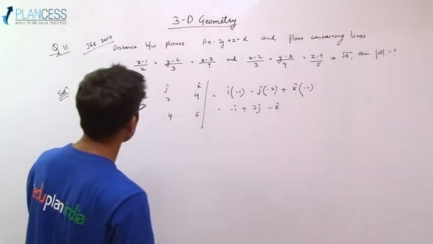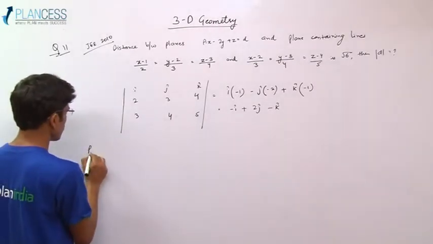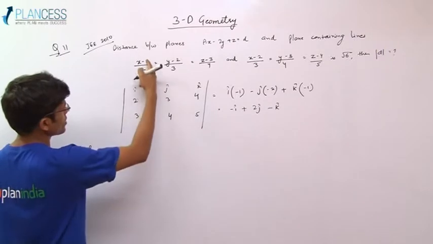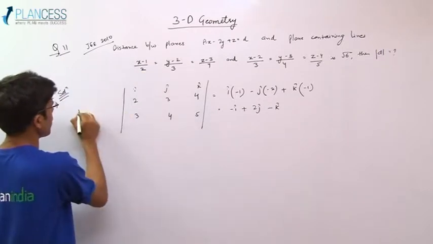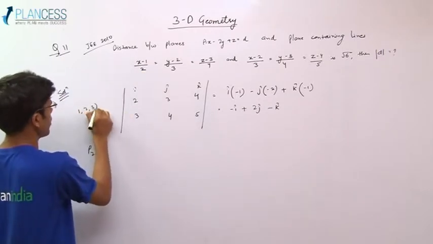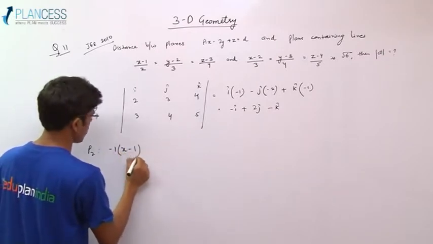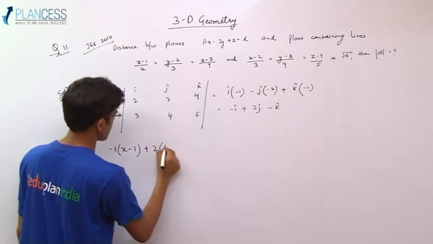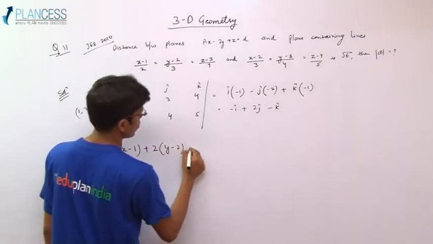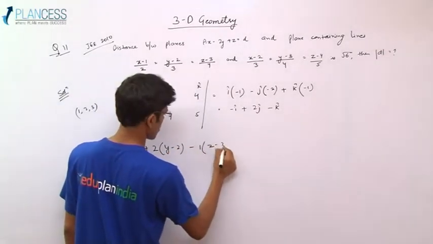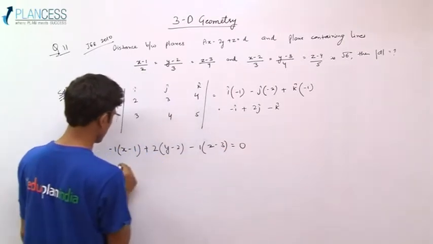First of all, let's find the equation of the second plane. So P2 contains the point (1, 2, 3). So minus 1 times (x minus 1) plus 2 times (y minus 2) minus 1 times (z minus 3) equals 0.